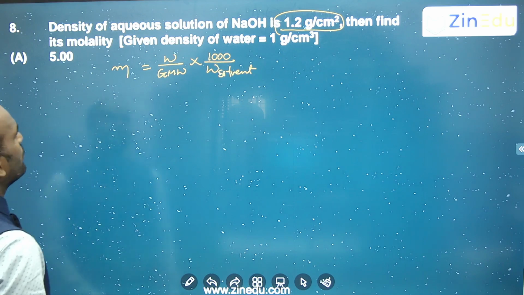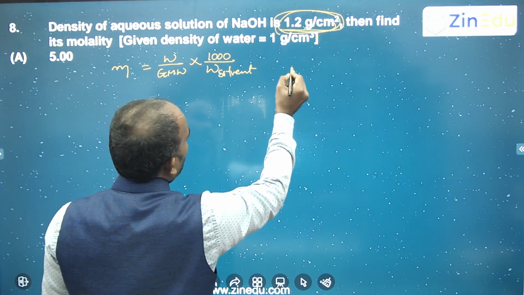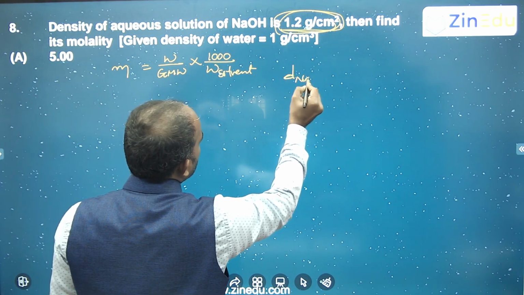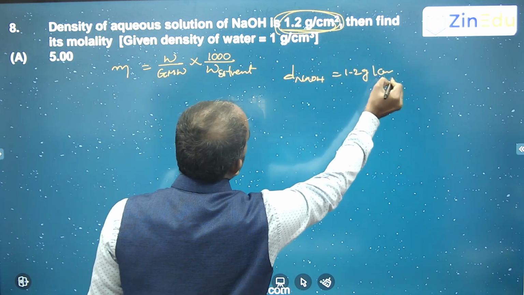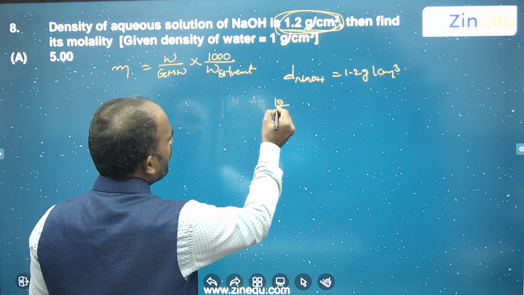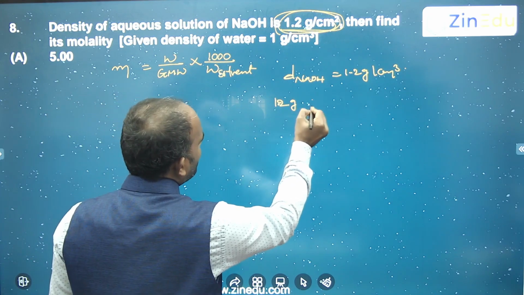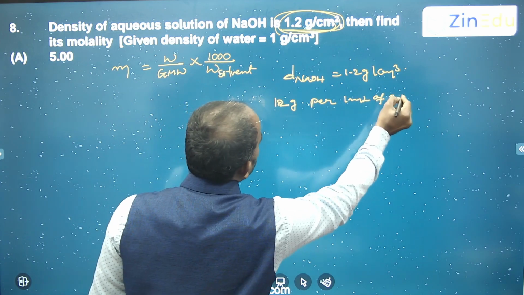Now here, the density of the aqueous sodium hydroxide solution is 1.2 grams per centimeter cube. What is the meaning of this? 1.2 grams per 1 ml of solution.